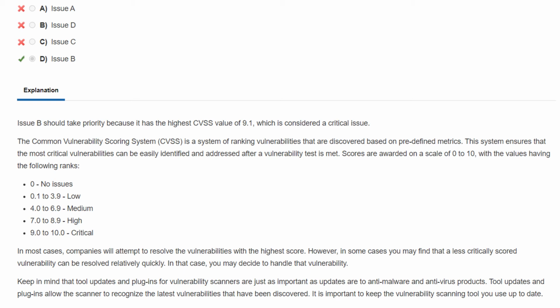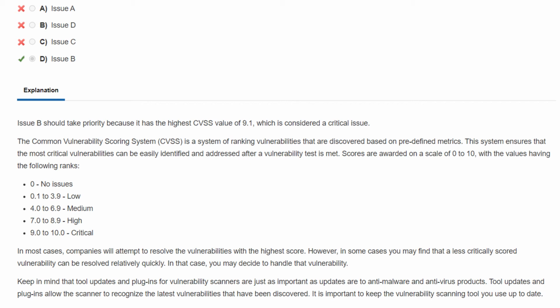In most cases, companies will attempt to resolve the vulnerabilities with the highest score. However, in some cases, you may find that a less critically scored vulnerability can be resolved relatively quickly. In that case, you may decide to handle that vulnerability.